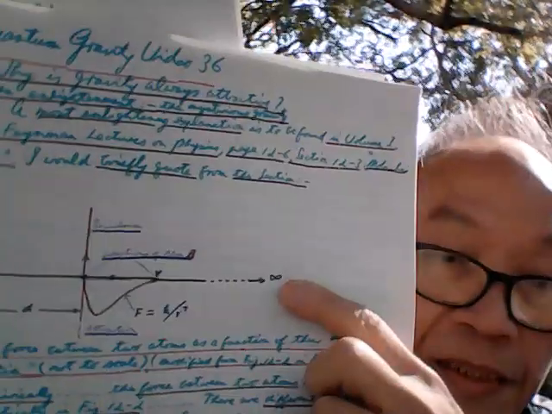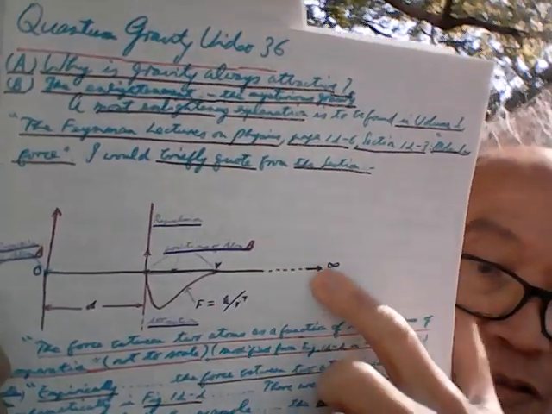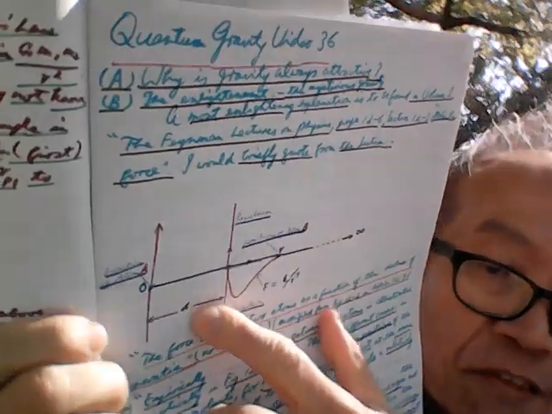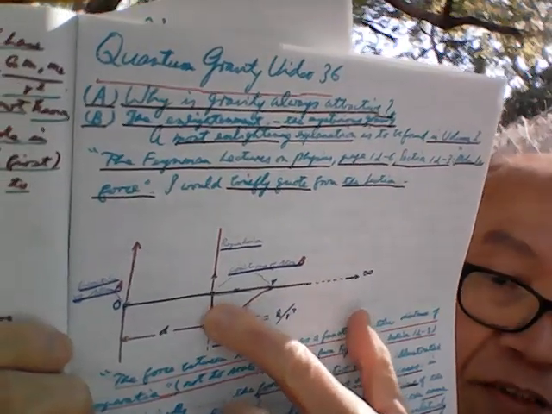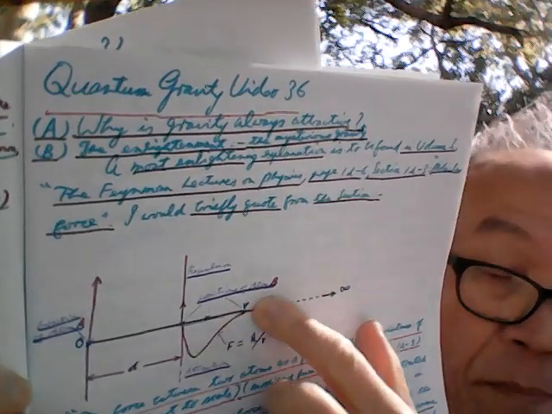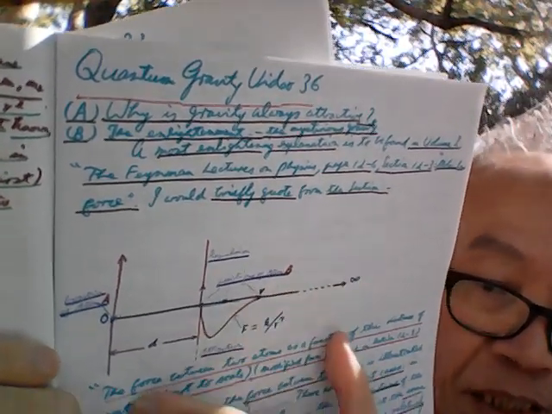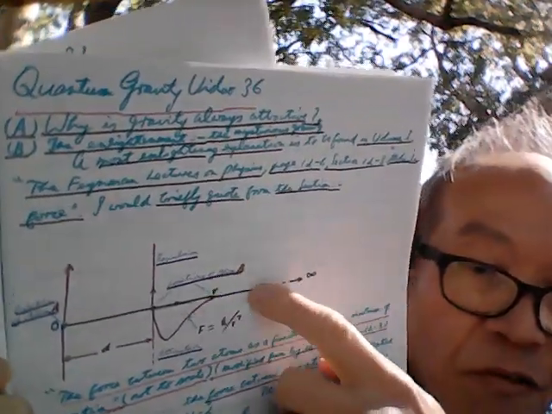I have modified the figure by adding to it. Originally it only goes up to this R here, but I extend it to infinity. That is to say, the distance between these two atoms, this one atom here and another atom here that is movable, can be variable. The distance is called d between two atoms. I extend it to infinity.